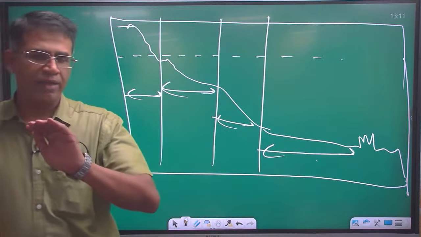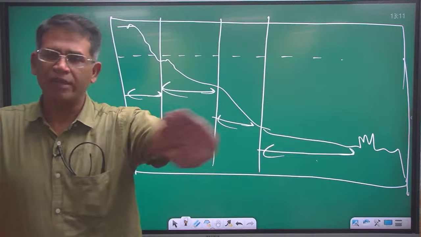It gives an idea about how the surface elevations are distributed.